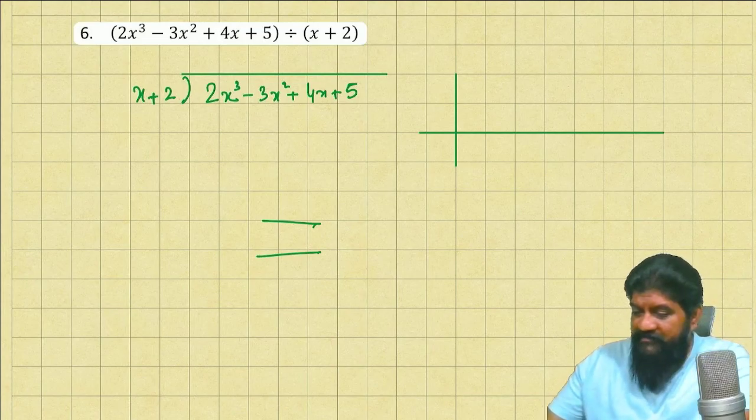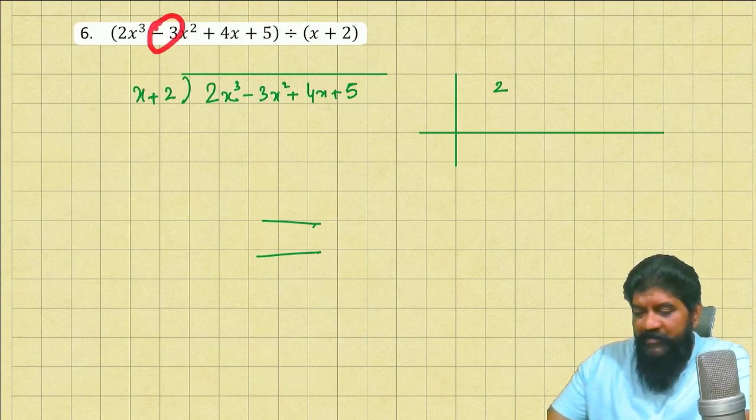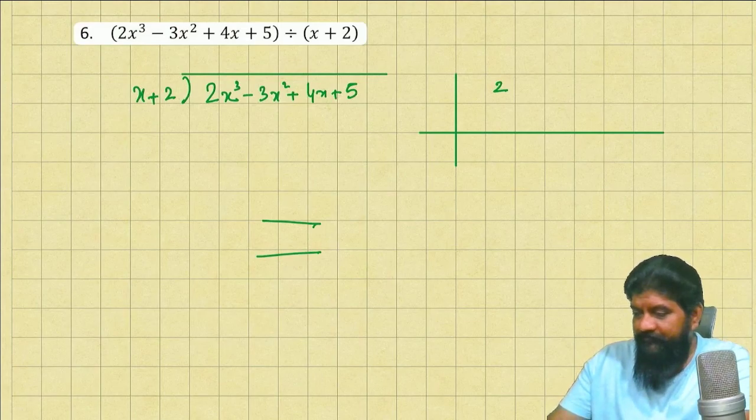Which means 2 is going to be written first, and then I would write a minus 3, which is the coefficient of x squared, and then a 4, which is the coefficient of x, and then finally a 5.